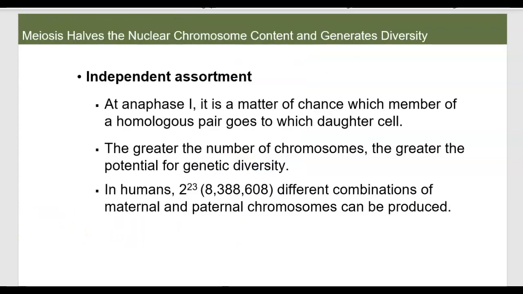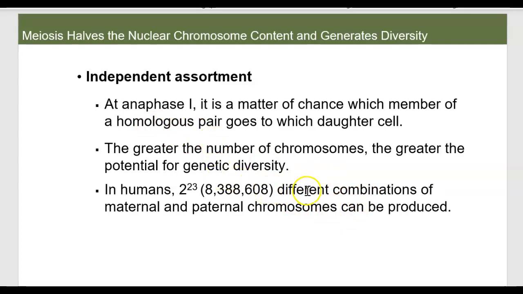But there's also another way that a lot of diversity happens, and that is something called independent assortment. So during anaphase 1, it's truly a matter of chance which of the sex cells ultimately is going to get which of the combinations of these sister chromatids, these homologous pairs.